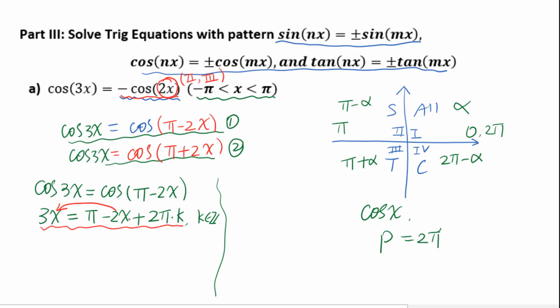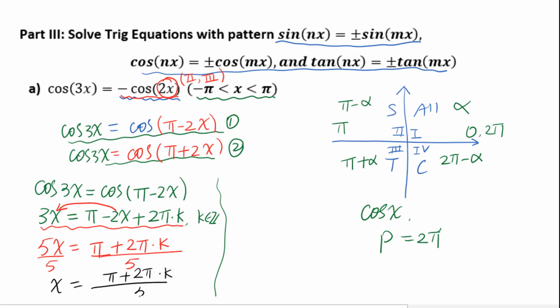So negative 2x, move to the left side, change the sign, you will have 5x equals pi plus 2 pi times k. Then divided by 5, we will get x equals pi plus 2 pi times k over 5. Remember the domain is x greater than negative pi and less than pi.